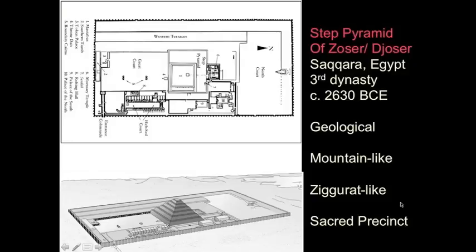Let's look more closely at Zoser's pyramid in Saqqara, 3rd dynasty, 2030 BCE. It's a great thing in the same way that the ziggurat in Ur is a great thing. It really marks itself as a point of difference.